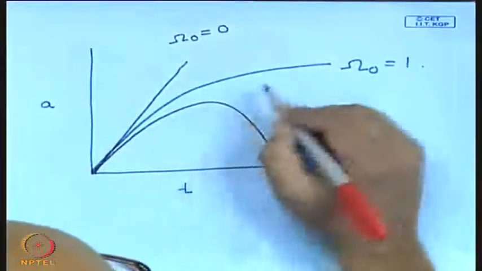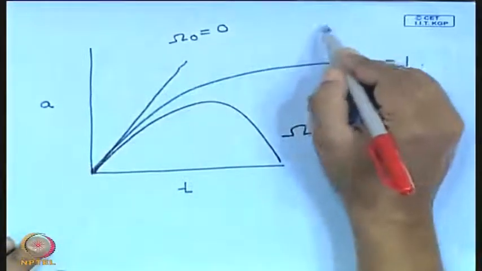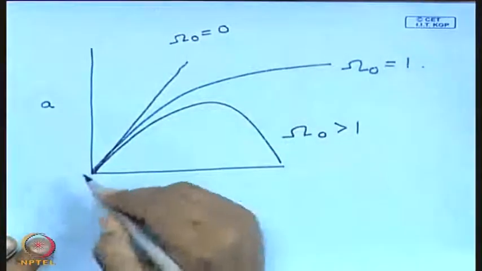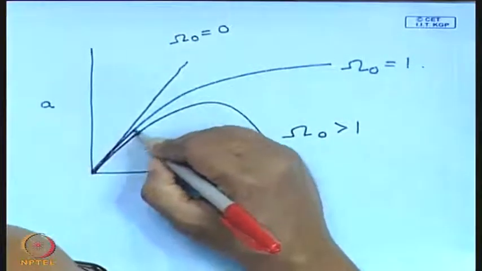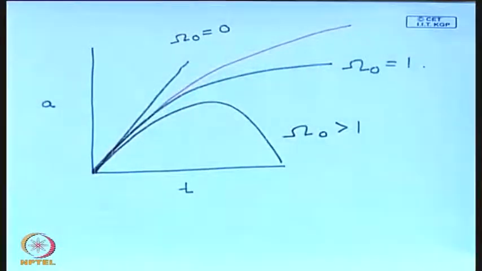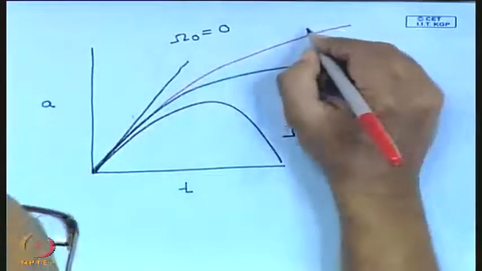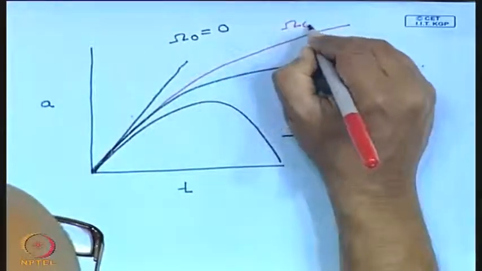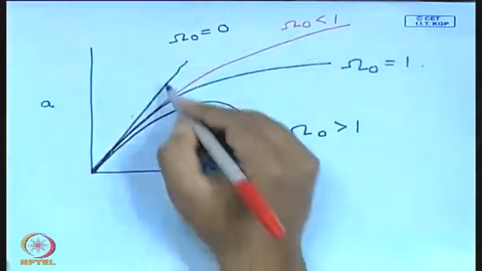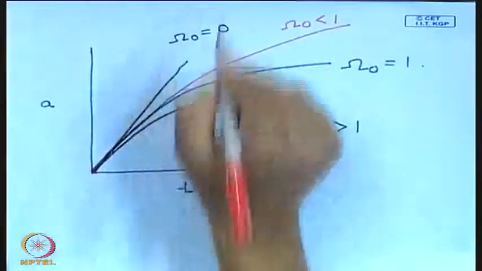For those cases, the slope will reach a finite value. We know that the particle has a finite velocity when it reaches infinity. So, the model will look something like this. It will have a finite slope at infinity. Here this is the extreme situation where omega naught is 0, which is right from the start a free particle.